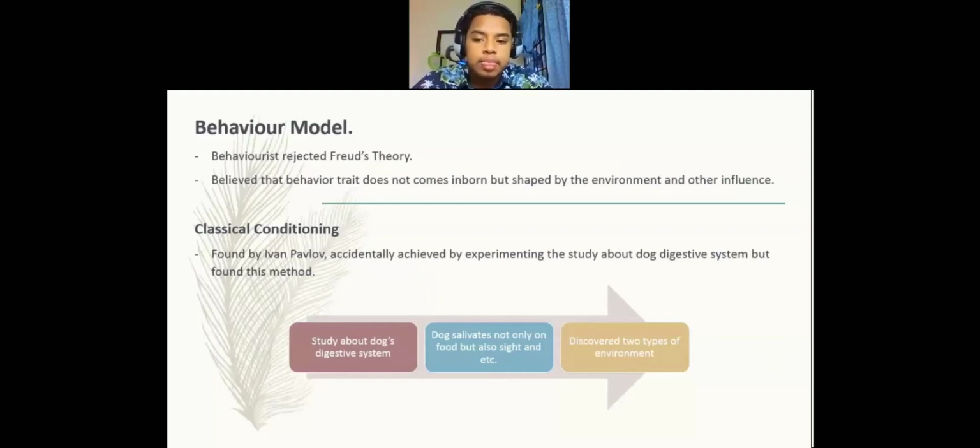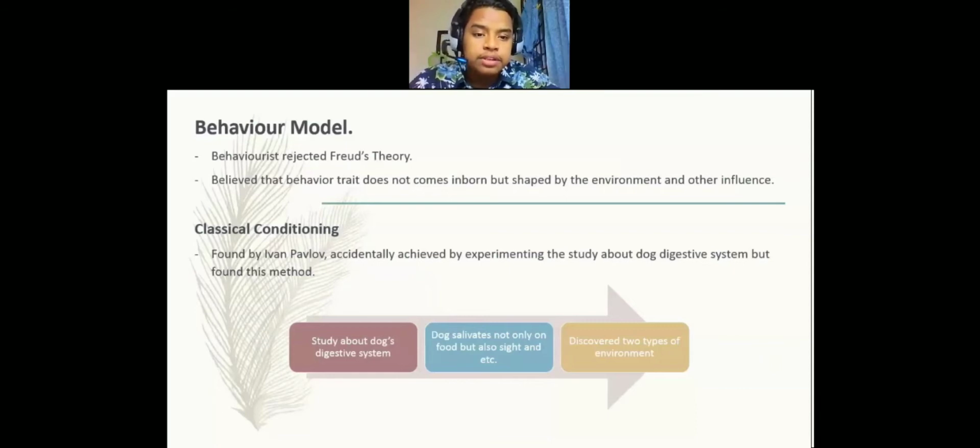It's quite an interesting story. He studied the dog's digestive system, but then he discovered that the dog salivated not only on the food, but also on the sight, the smell, even the bowl of the food, and the footsteps of the workers who fed the dog.